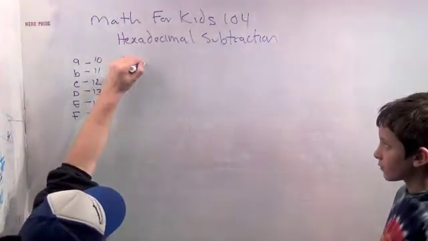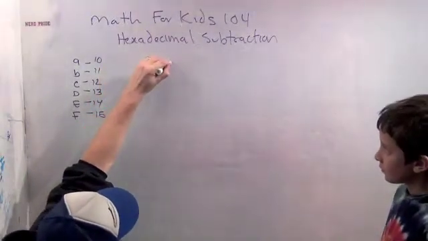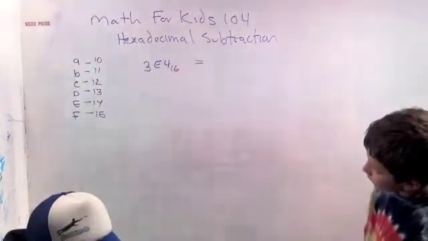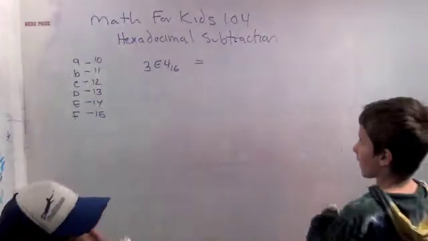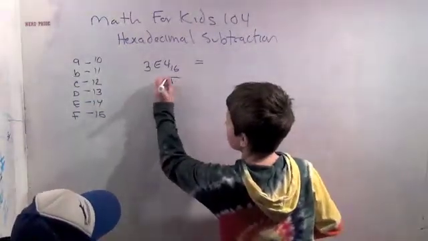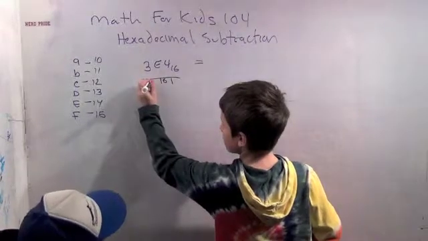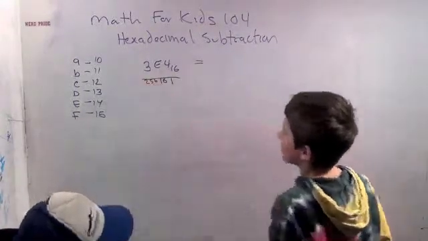Let's do 3E4 base 16. First of all, just for practice, what is this number? This is the ones place, this is the 16s place, and this is the 256s place.